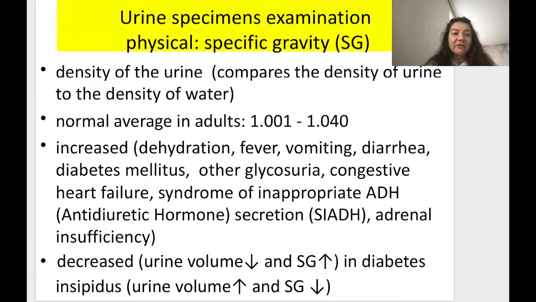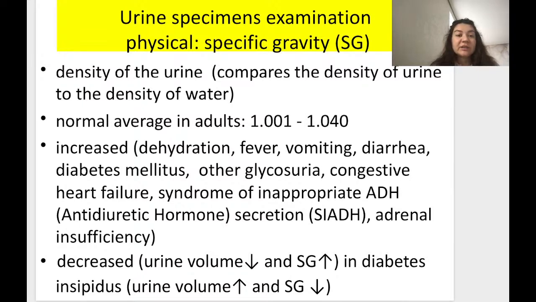Changes in specific gravity. It is the density of urine compared to the density of water. What does it mean, what is specific gravity? Normal average in adults is from 1.001 to 1.040.